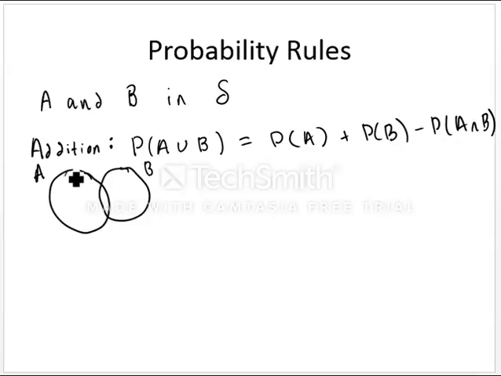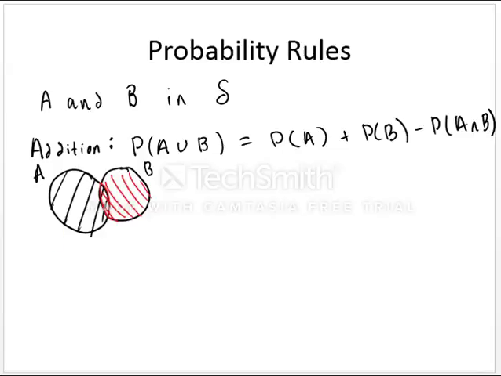If I add in A, I'm adding in all of that area that's contained in A. Then, if I also add in B, I've added in that region of B. So we've taken care of the union of A and B, but even a little bit more, because notice that crevice in the middle has been counted twice, and that's why we need to subtract it off. That kind of intuitively gives you a sense of why this addition rule works.